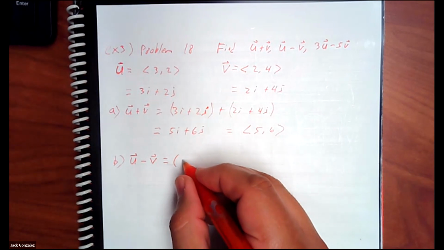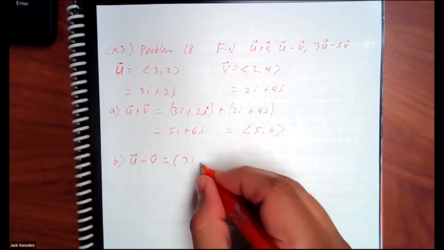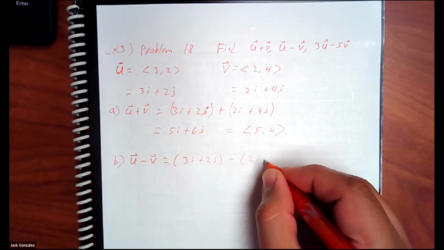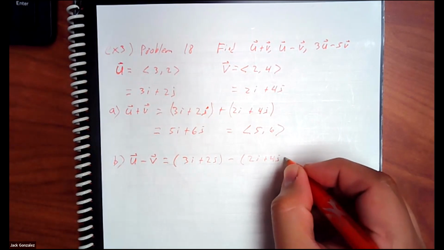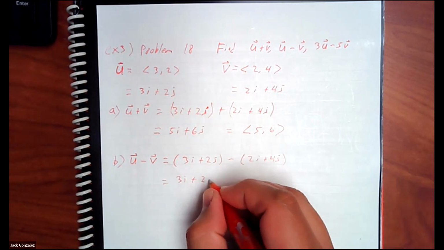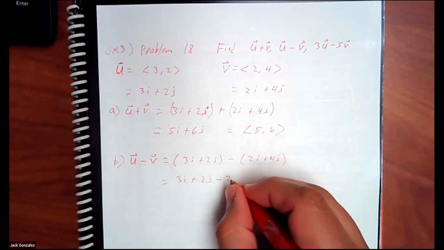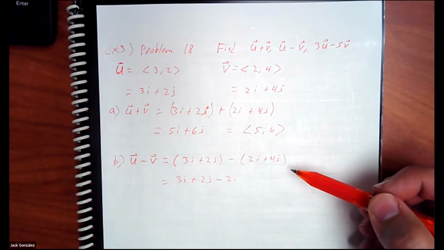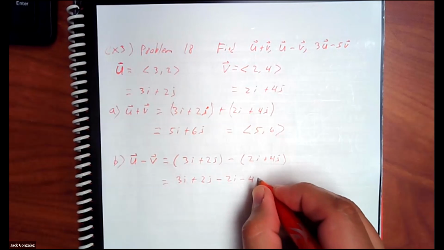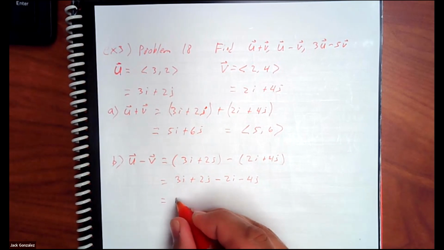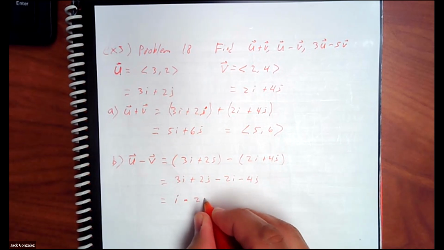So this is 3i plus 2j minus 2i plus 4j. Just distribute the minus, you're subtracting the entire vector, so put minus on both. So that'd be minus 4j. So 3 minus 2 is a single i, and 2 minus 4 is negative 2j.